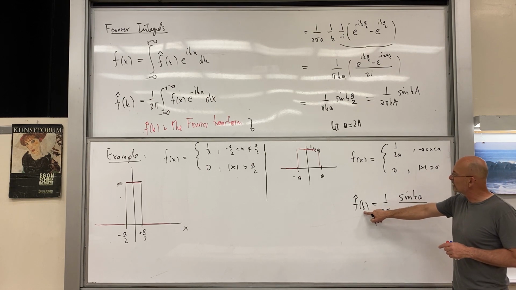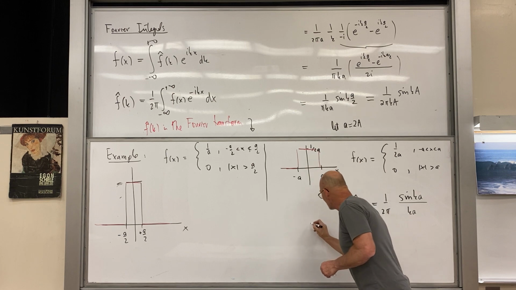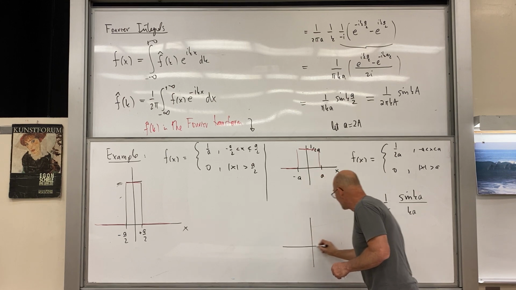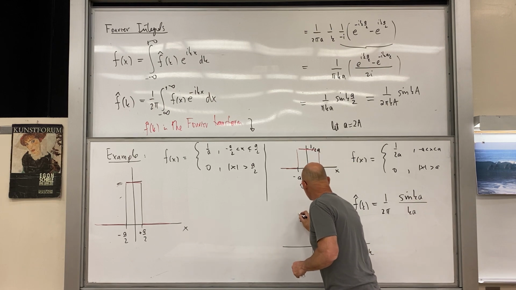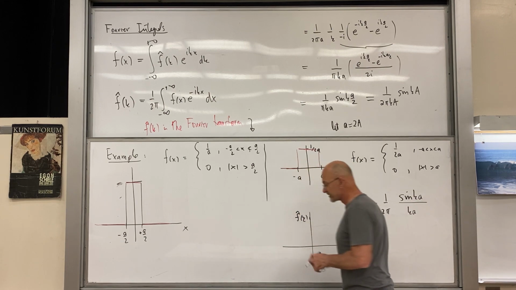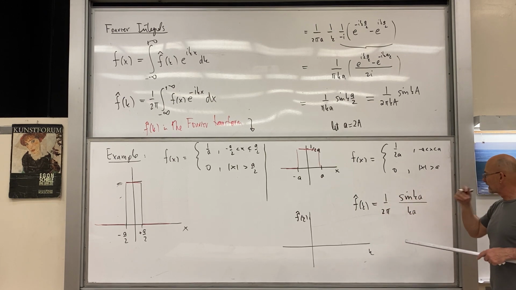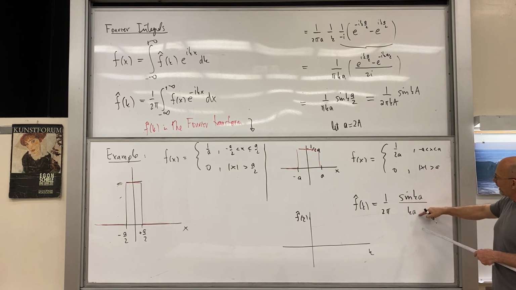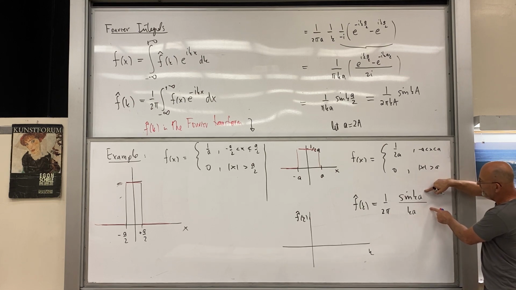So this is a function of k. Here we had an x-axis. If we want to graph this Fourier transform, we have a k-axis, and we're graphing f hat of k. Ignoring the 1 over 2 pi, it's just a constant, sine of ka over ka, in the limit as k goes to 0, this limit is 1.